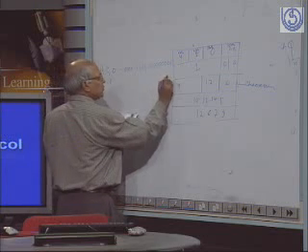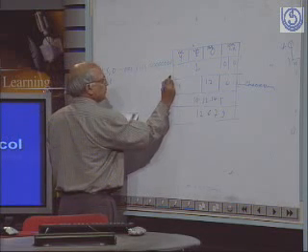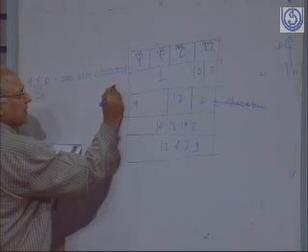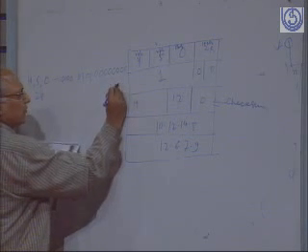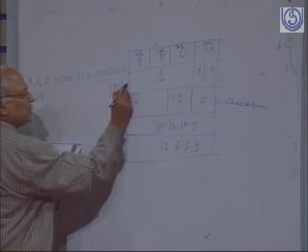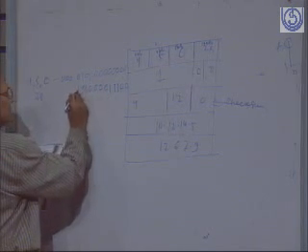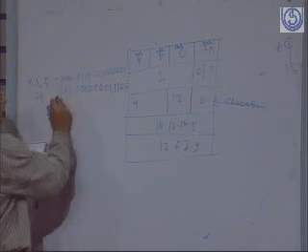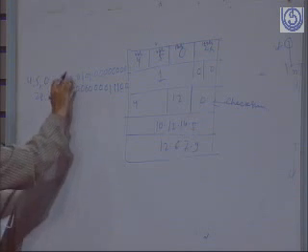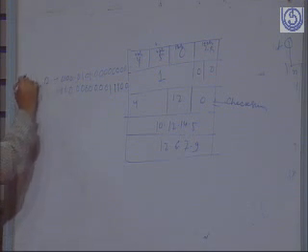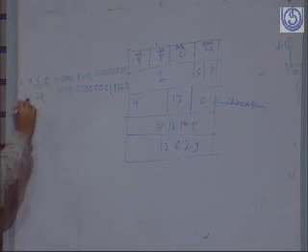So I will try to write it like this. 28 will be this is my 16, this is my 8, this is my 4, and all the rest will be 0. Something like this. You have to align them. So this is the second subsection. This is my section 1, this is my section 2.